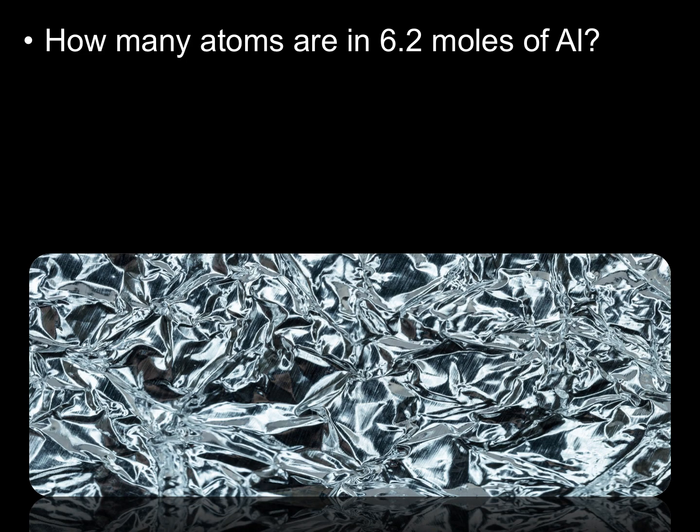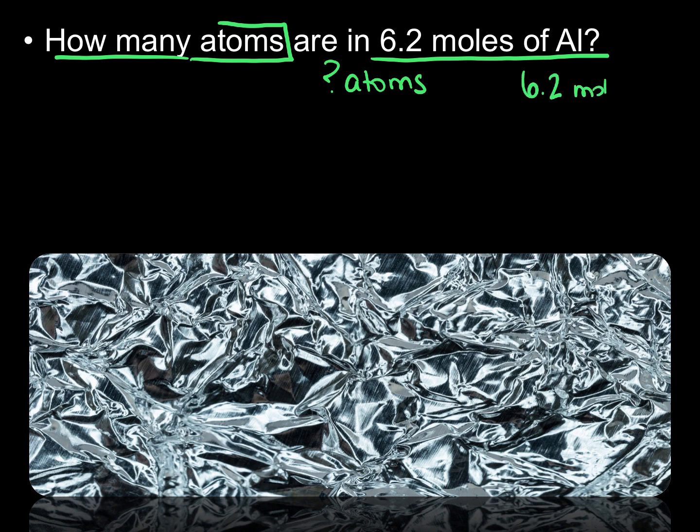Let's take a look at this next problem. How many atoms are in 6.2 moles of aluminum? Well, we know that it's asking us to find out how many atoms. So that's the question, is figure out how many atoms. We're given 6.2 moles of aluminum. Well, looking at that, I know a relationship.